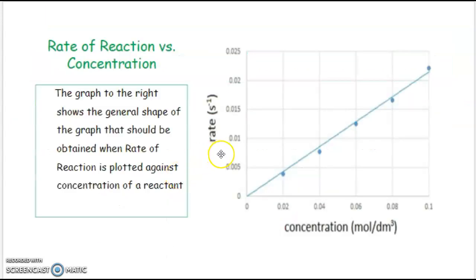Therefore, if a graph of rate of reaction is plotted against the concentration of a reactant, the graph will have this general shape, showing of course that as the concentration goes up, the rate of the reaction increases.